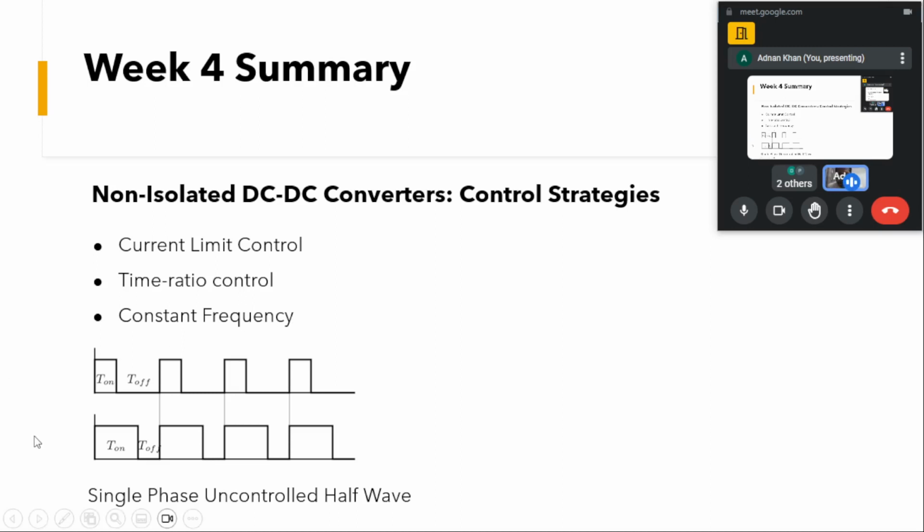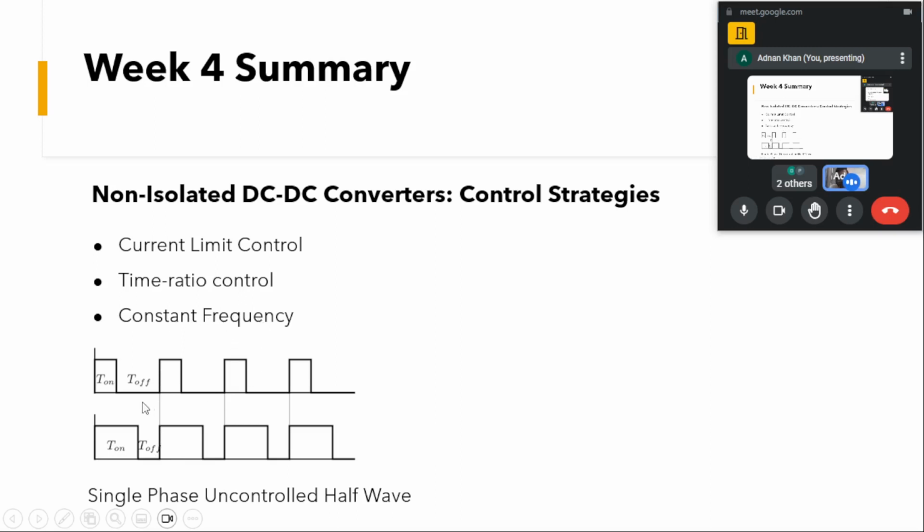However, if we want a higher voltage at the output, let us say 70 or 75, we will keep the switch on for a longer period of time, and the T off duration will decrease. However, the overall switching time period is constant. That is what is implied by constant frequency.